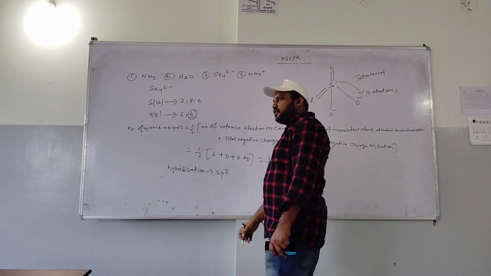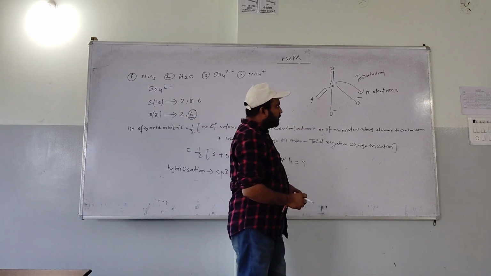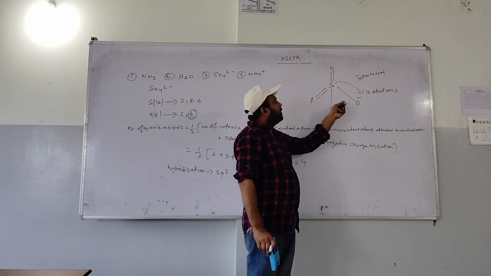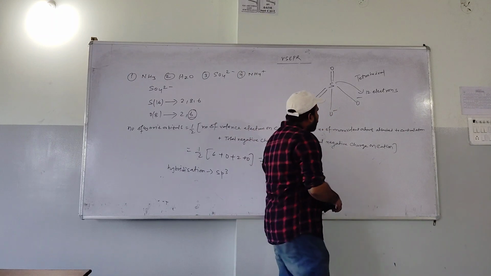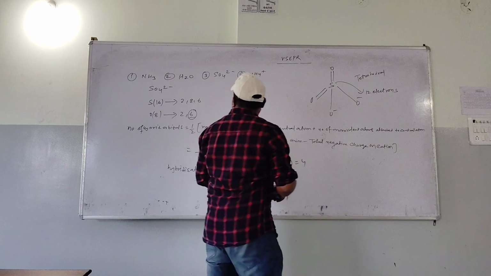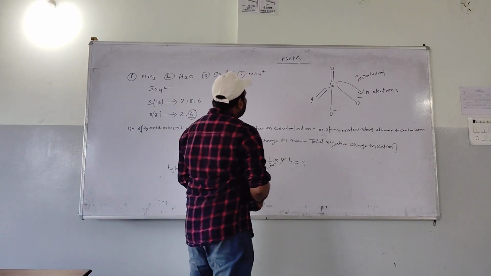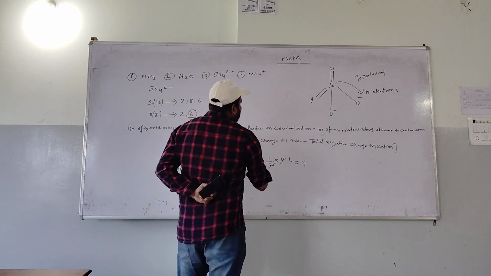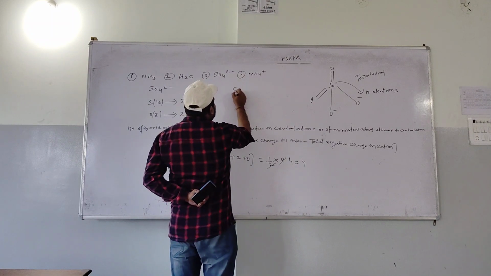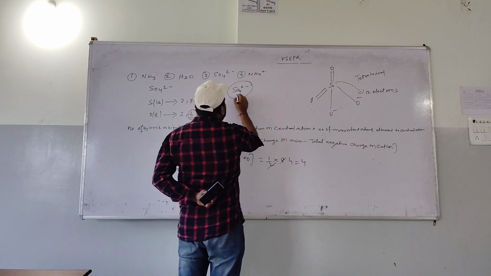Okay. Sulfur here is the central atom, and it is not following the octet rule. Now it has 12 electrons in its outermost orbit.